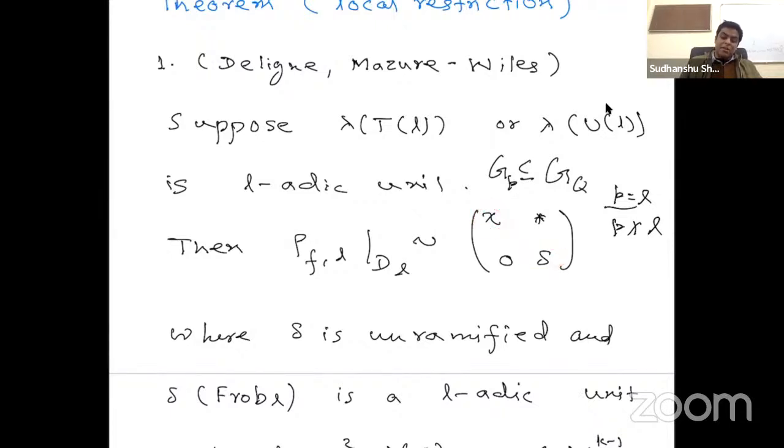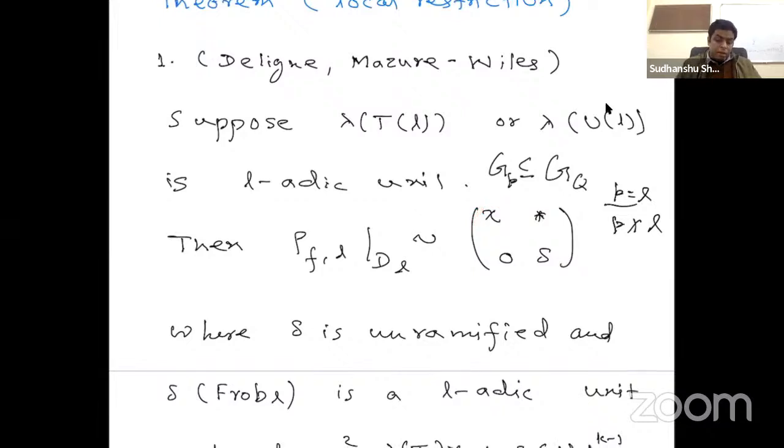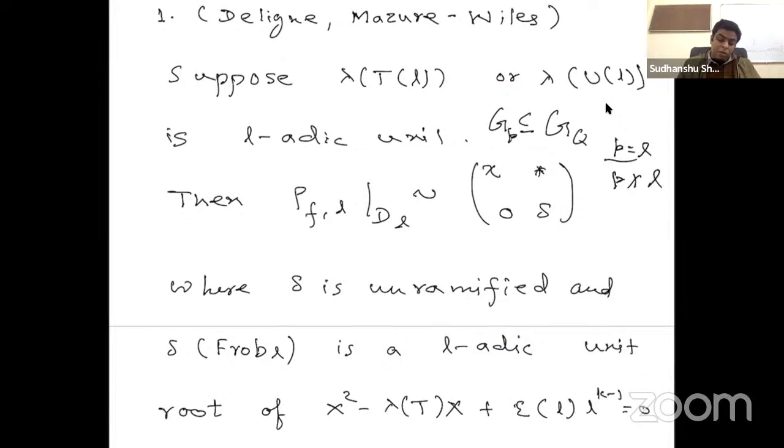Here it can be described in terms of the cyclotomic character and the nebentypus. One knows not only that delta is unramified but also its value.